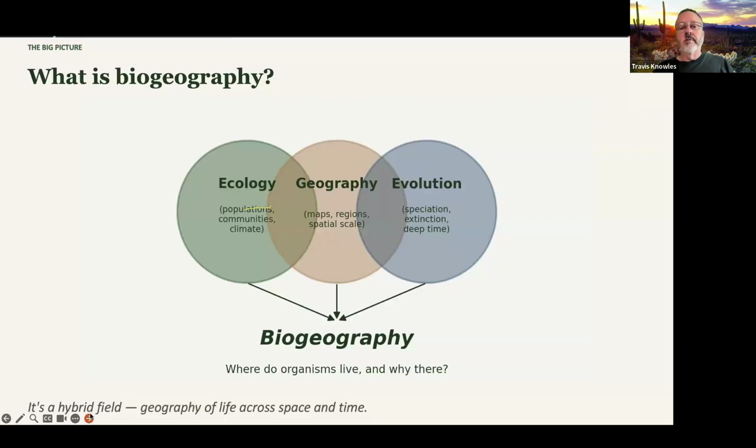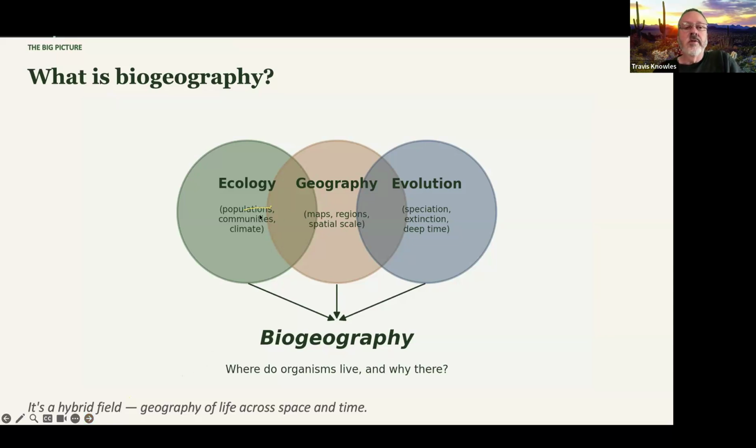So here's our question, our field of biogeography, and there really are three related areas that overlap here. Geography in the center is just the distribution of anything that can be mapped with coordinates. And in particular, we're talking about biogeography, which means the distribution, if you wanted to make maps, of plants, animals, and communities. And there are a couple of related fields that affect where plants and animals are found, the fields of ecology and evolution.